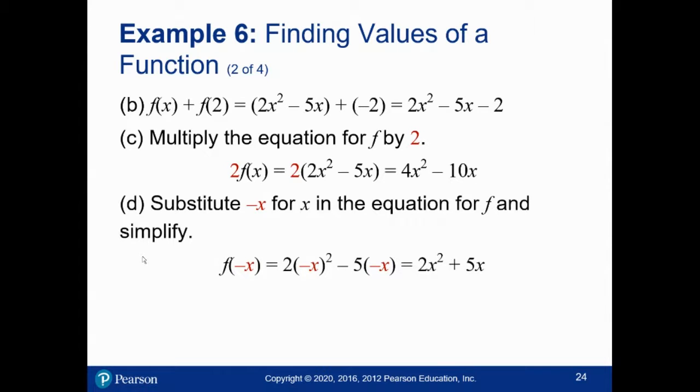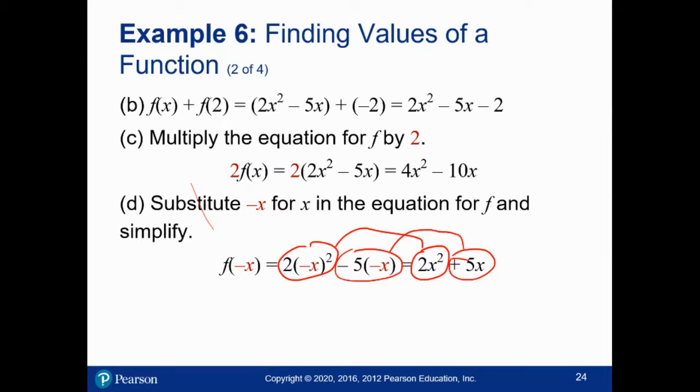So remember, f of x was 2x squared minus 5x. So I'm replacing all of my x's with negative x's. 2 times negative x squared minus 5 times negative x. Notice that negative x squared is the same thing as x squared, so this doesn't really change much. But negative 5 times negative x simplifies to just plus 5x.